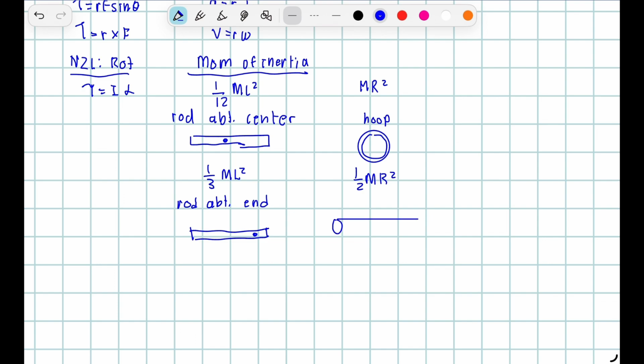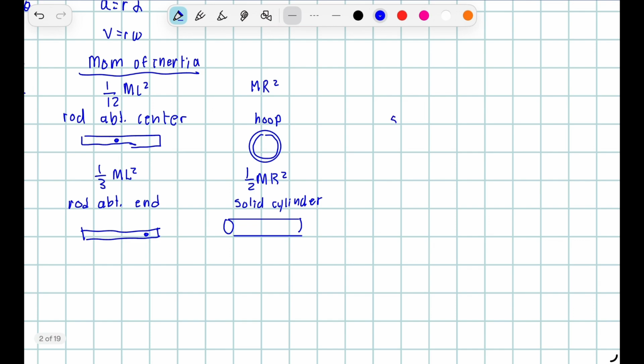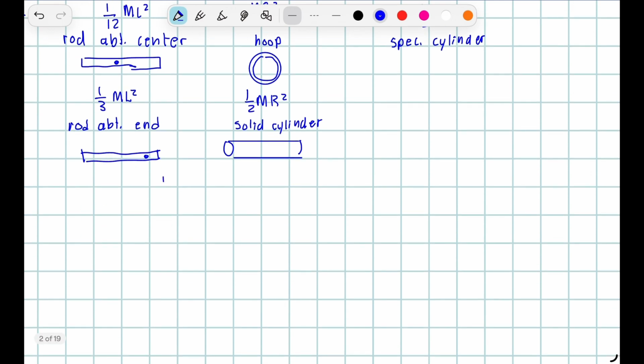For solid cylinder, we have, and then for a special cylinder, which is the one we use in question 8.